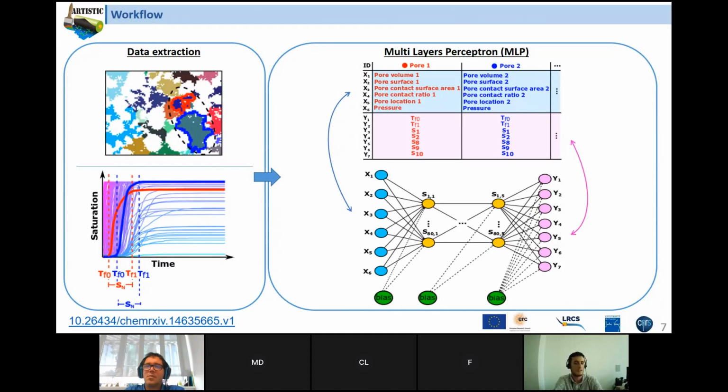So basically, the network was trained with some of these outputs to learn the correlation between the geometrical features of the microstructure and its saturation behavior. So yeah, this is the objective of this neural network: given a pore network model that is structured by the Watershed algorithm or any other algorithm, to predict the saturation curve of each of the pores contained within this pore network model.